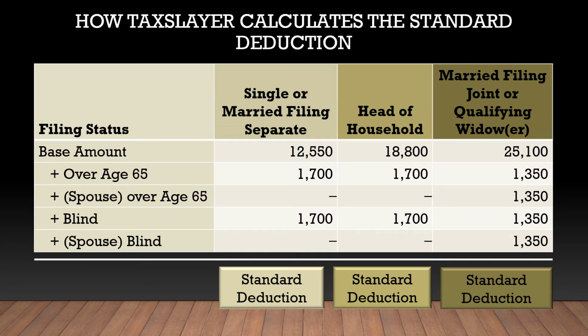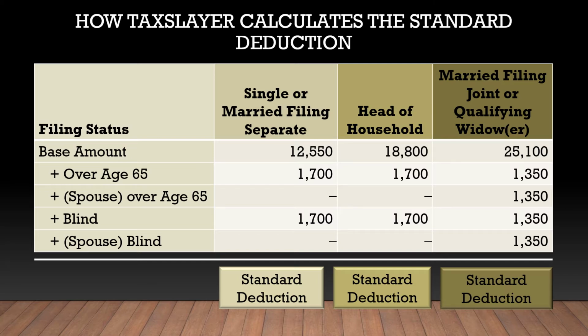You can see here in our header the filing status: single or married filing separate, head of household, and married filing joint or qualifying widow or widower, which, if you remember, gives us the same tax benefits as married filing joint for an extra couple of years.